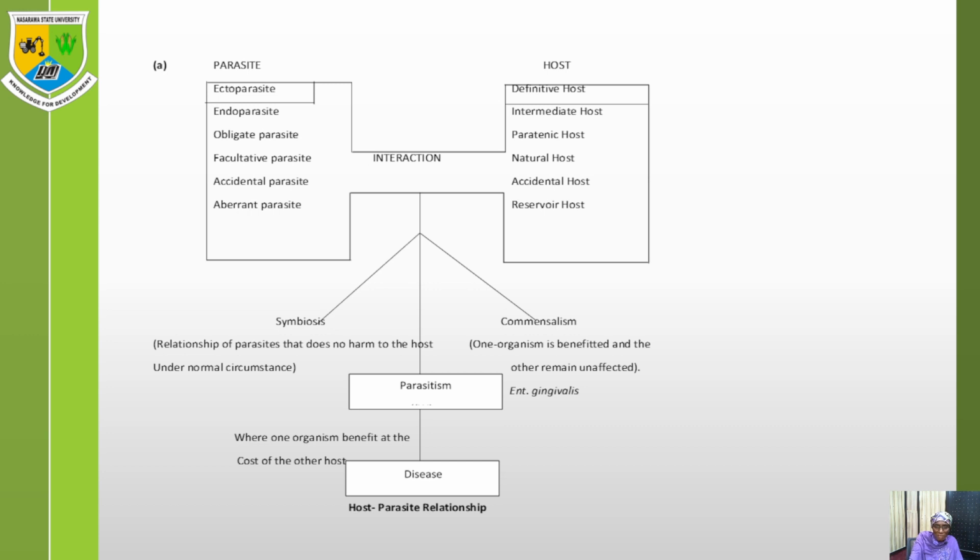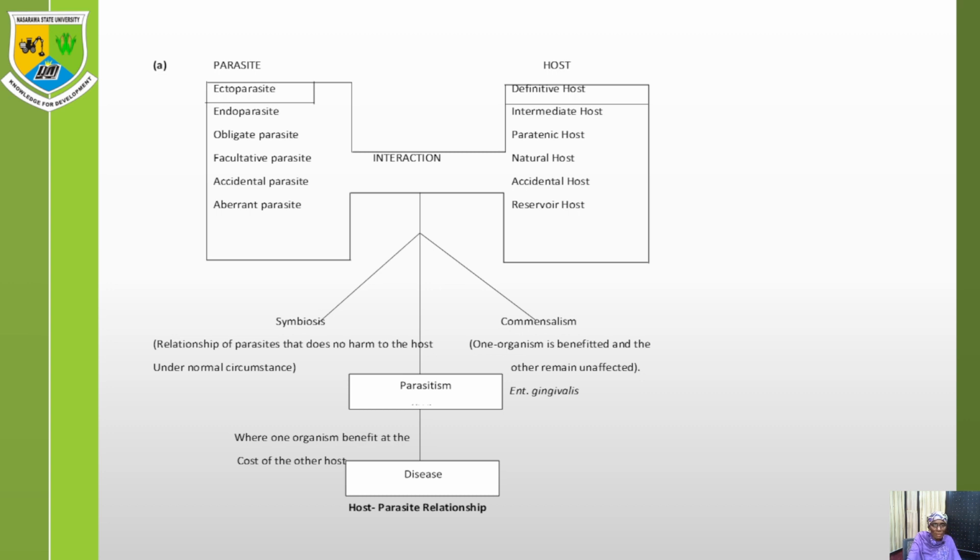Now we have a scheme representation of the interaction between parasite, host, and what such relationships are referred to.